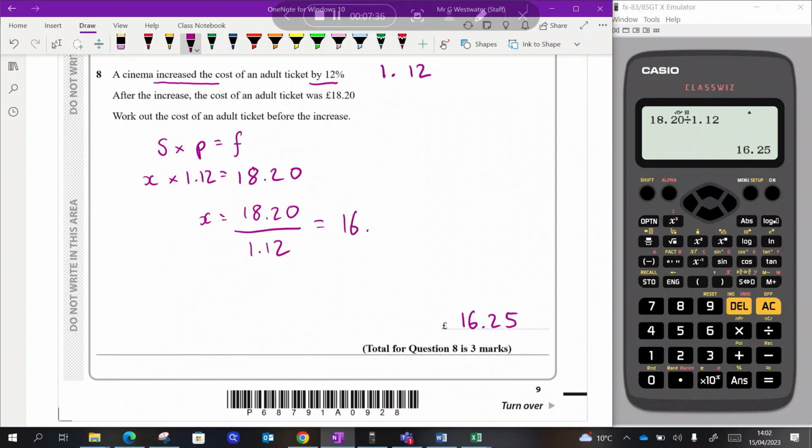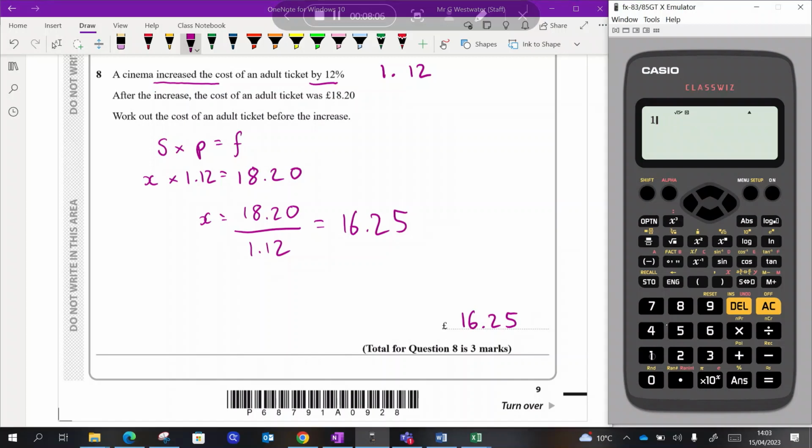£16.25. The most common mistake here is going to be thinking, well, instead of timesing by 1.12, I'm just going to times £18.20 by 0.88 because that will represent a decrease of 12%. But we haven't been decreasing anything by 12%. We have been increasing something by 12%. And these are not going to be the same, because decreasing a larger amount by 12% will not be the same as increasing a smaller amount by 12%.